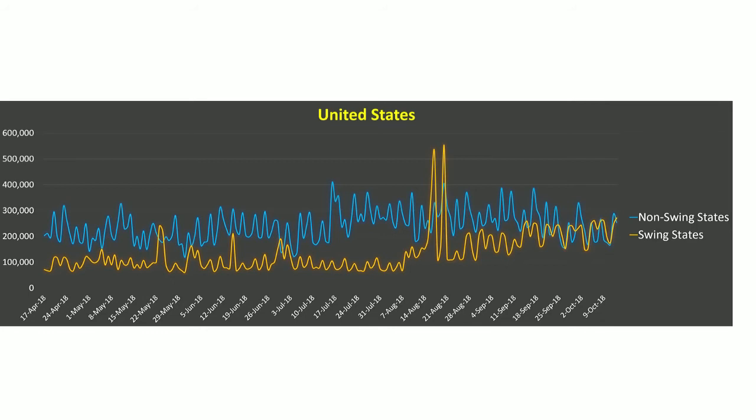The orange line is swing states. 13 swing states versus 37 non-swing states. And it looks like right about right mathematically, right? But as we approach the election, now swing states have eclipsed the non-swing states in terms of malware detection, right? So this is really significant.